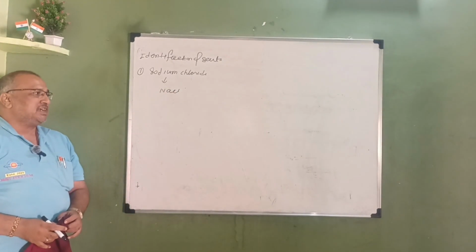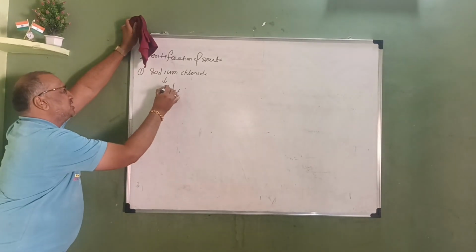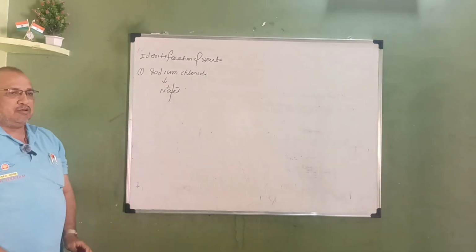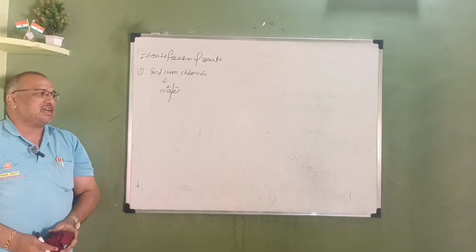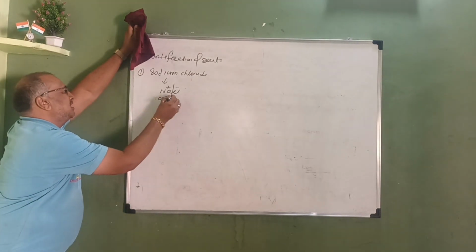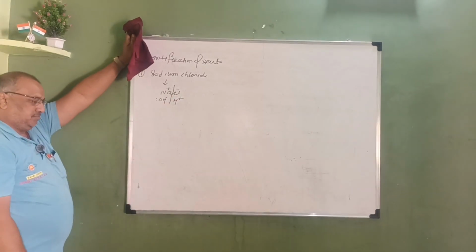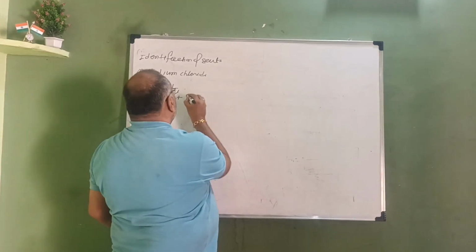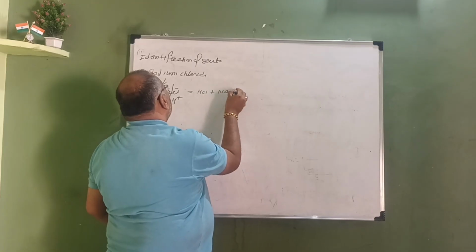Now separate here cations and anions, that is positive and negative. Now attach OH minus ions of water to the cation and H plus ions of water to the anion. That means this salt consists of HCl and NaOH.